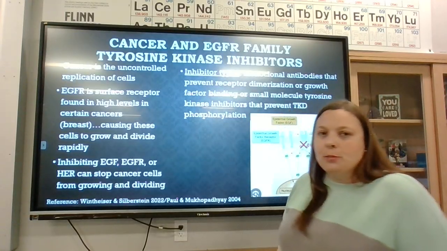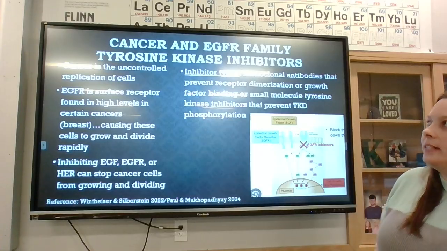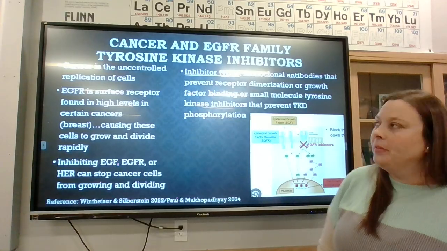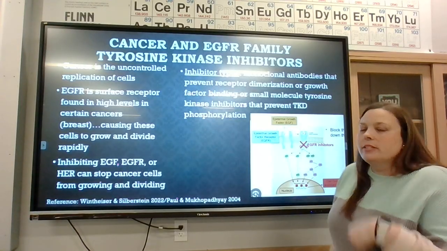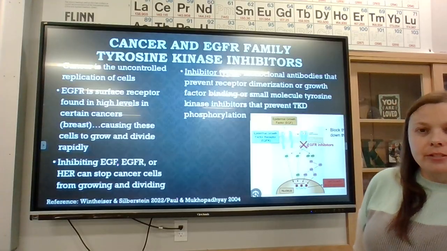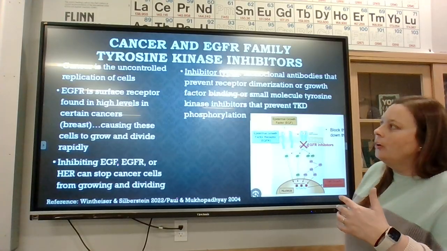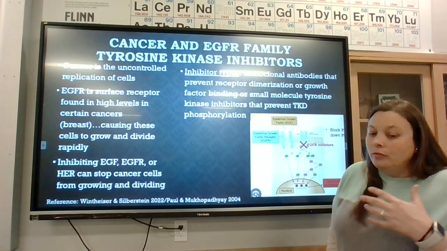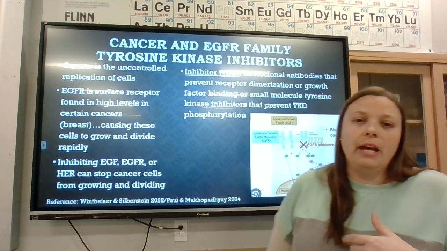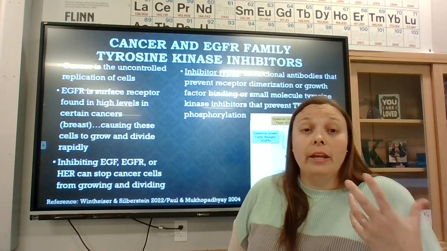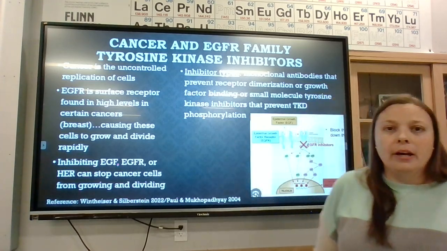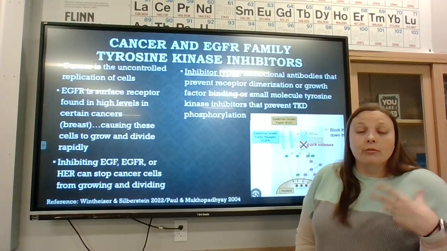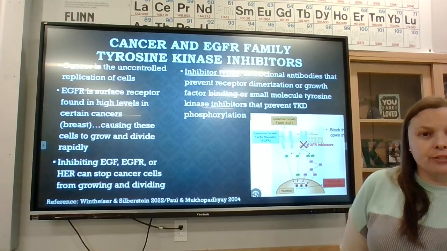Now, let's talk about this particular enzyme and cancer, okay? We know that cancer is the uncontrolled replication of cells. And so some cancer cells actually have an increased number of the EGFR receptors on the surface of the cancer cell.